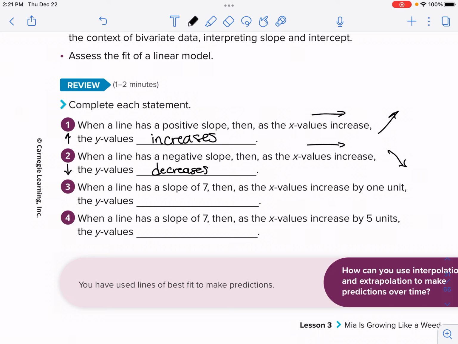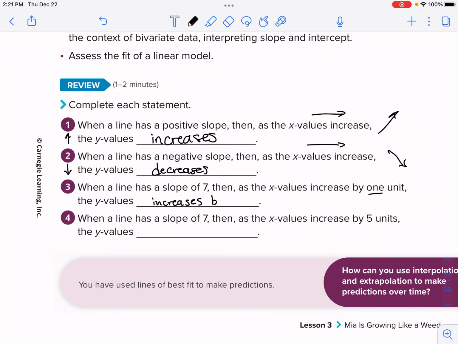And then for number 3 and 4, we have a numerical fill in the blank. When a line has a slope of 7, as the x values increase by 1 unit, the y values, since it has a slope of 7, it increases. We're just multiplying 7 and 1.